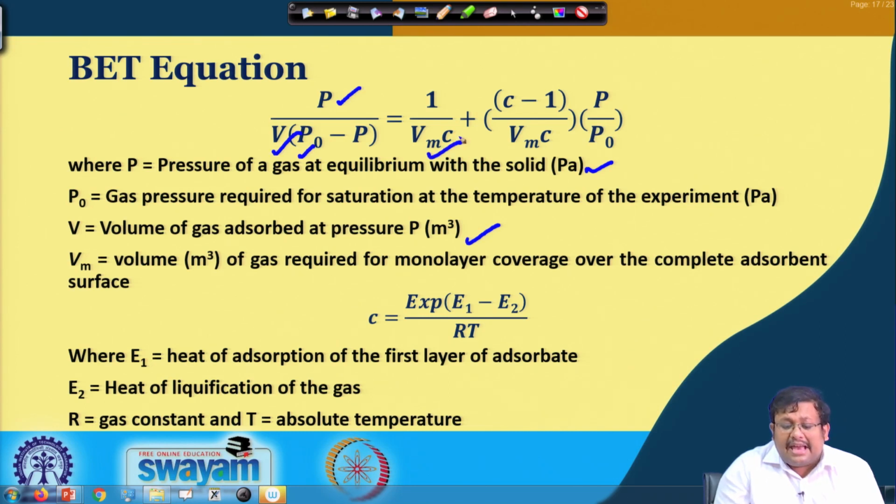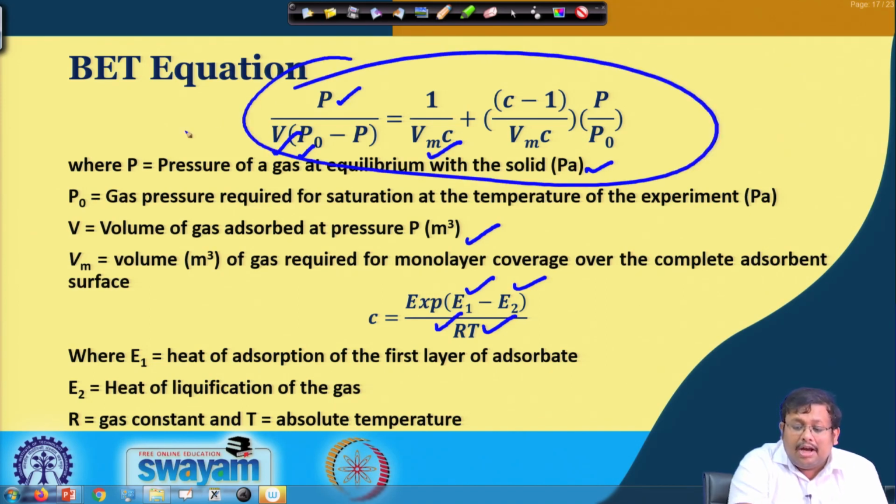Vm is the volume of gas required for monolayer coverage over the complete adsorbent surface, and C is a constant which you calculate by using this formula, whereas E1 shows the heat of adsorption of the first layer of adsorbate, and E2 is the heat of liquefaction of the gas, whereas R is the gas constant and T is the absolute temperature. So, by using this formula of the BET equation, we can calculate the monolayer adsorption of nitrogen. How? Let us see.